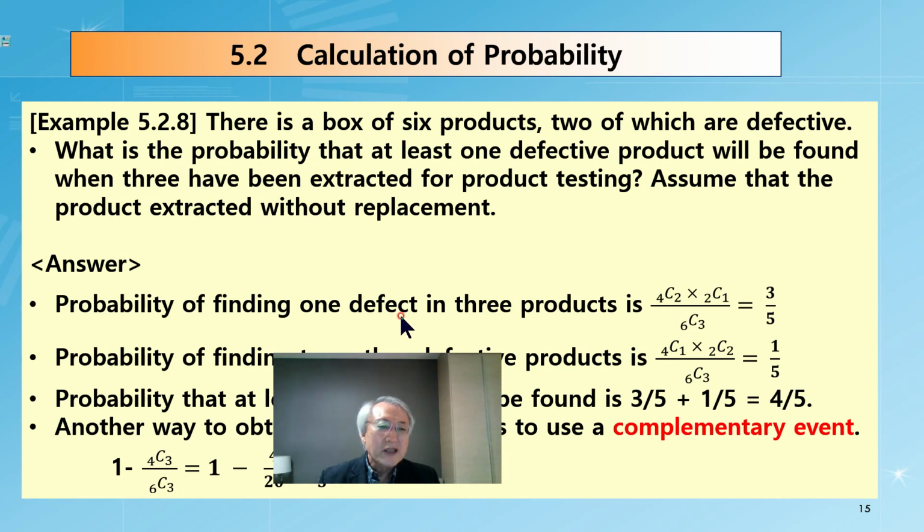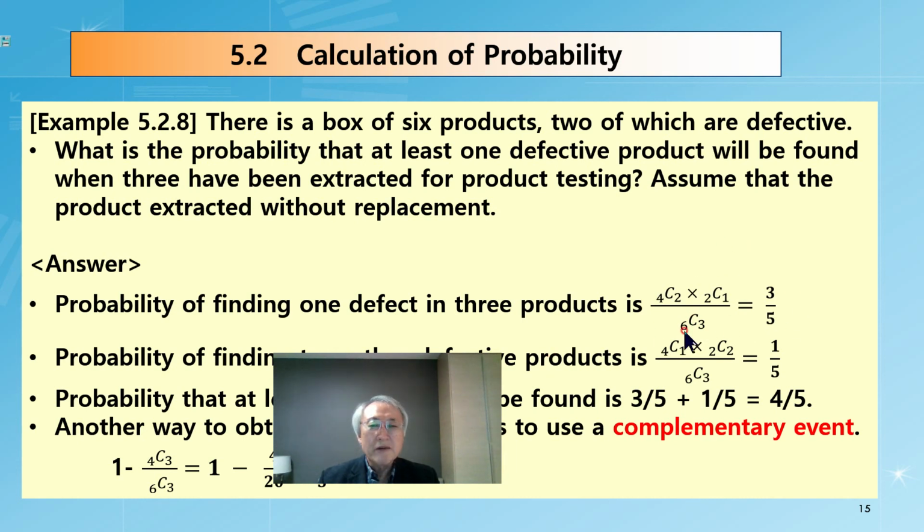Therefore, to select 1 defect when you select 3, from the 2 defective, select 1. From the 4 good items, select 2, and that will be finding 1 defect. Okay. Well, the selection of good items and defective items are independent, so we multiply.